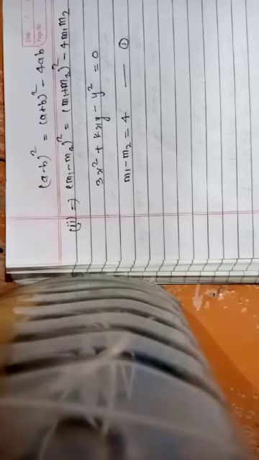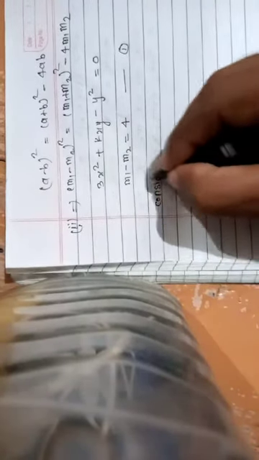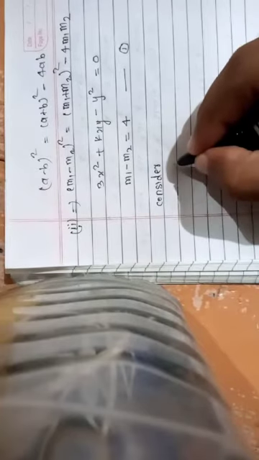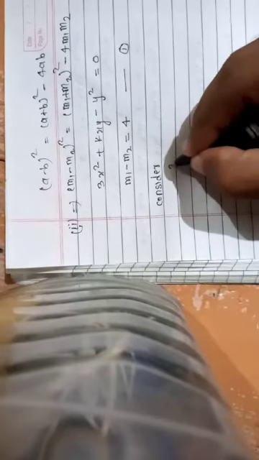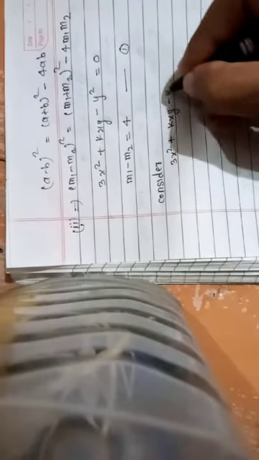The difference is given as 4. Name this equation 1. This is already given. Now consider the given equation 3x square plus kxy minus y square which is equal to 0.